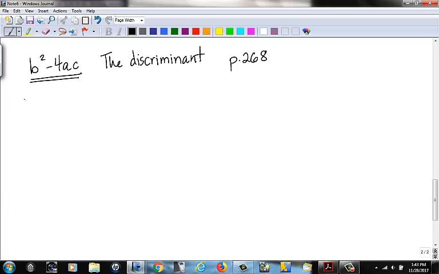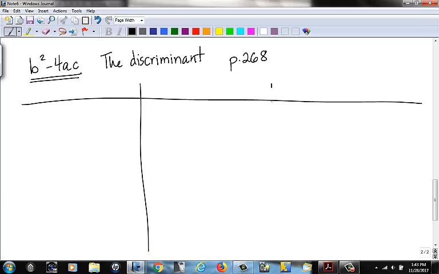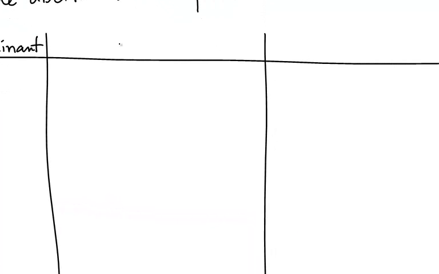If you look at the discriminant and find that value, look at page 268 in your book. I need 3 columns. I want the value of the discriminant, I want the roots, and then the graph.